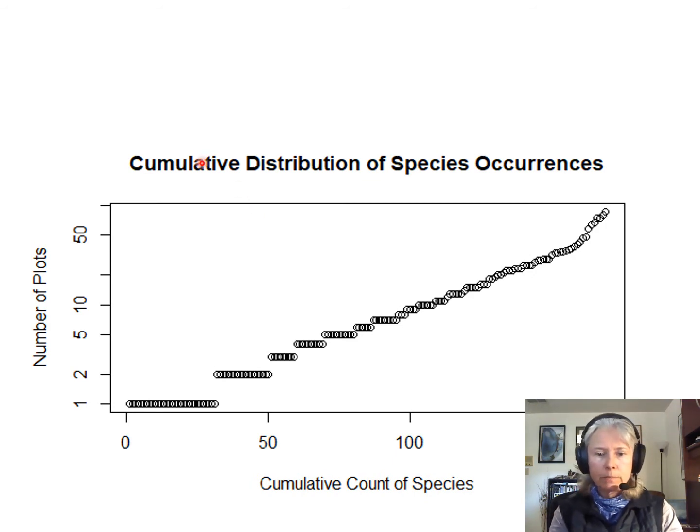It's this one here. Along the x-axis here is the number of species at or below a specific value, a y value here. And so, for example, approximately 100 out of 169 species were found at 10 or fewer plots. 130 species were found in 20 or fewer plots.